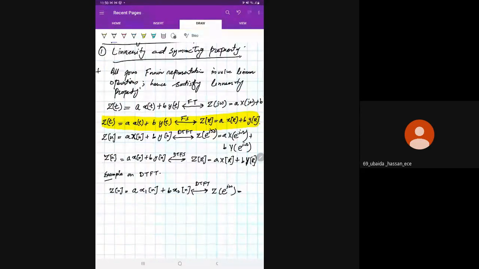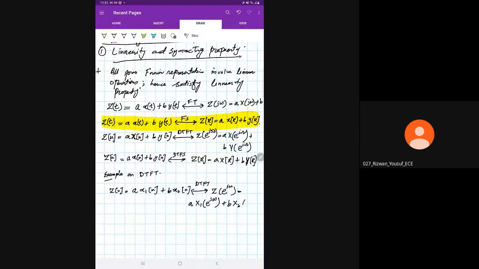Rizwan, can you please help me in writing it? Z of e raised to the power j omega. It will be a times x1 of e to the power j omega plus b times x2 of e to the power j omega.